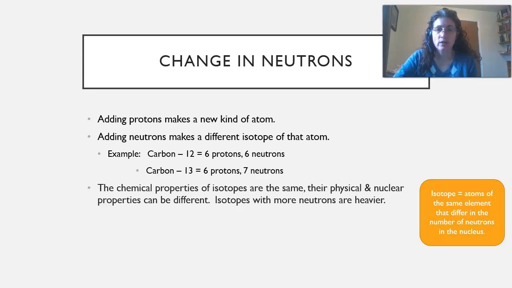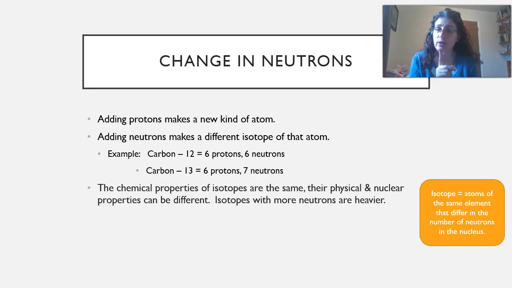Remember the charge in the nucleus. Well, what happens if the numbers don't all match? What happens if the protons and the neutrons are different in the atom? That's called an isotope. An isotope is an atom of the same element that has a different number of neutrons.